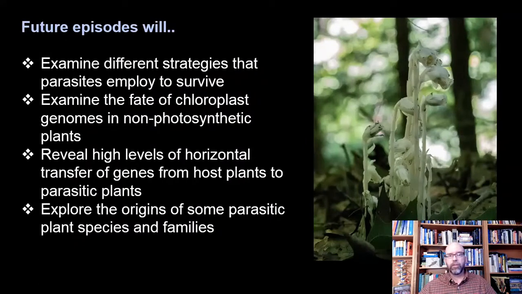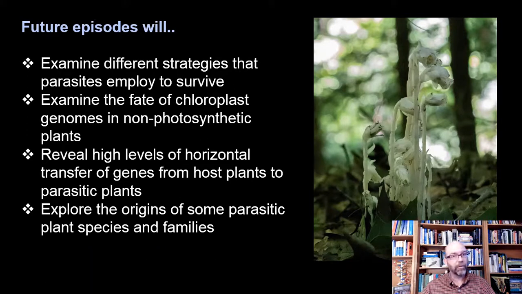All right, so that's a whirlwind tour of the basics of what a parasitic plant is, and a tiny bit about the diversity of parasitic plants. So in future episodes, we're going to continue to examine different strategies that parasites employ to survive, and examine the fate of chloroplast genomes in non-photosynthetic plants, like this white Monotropa here.